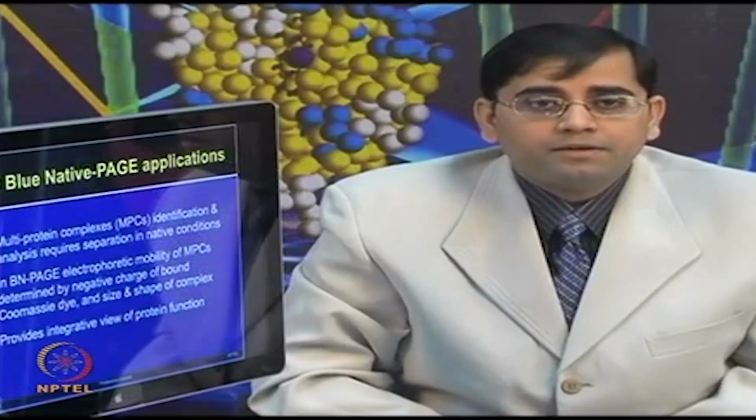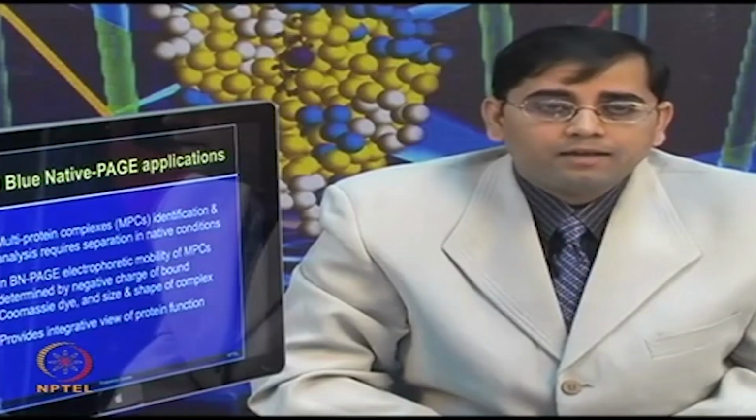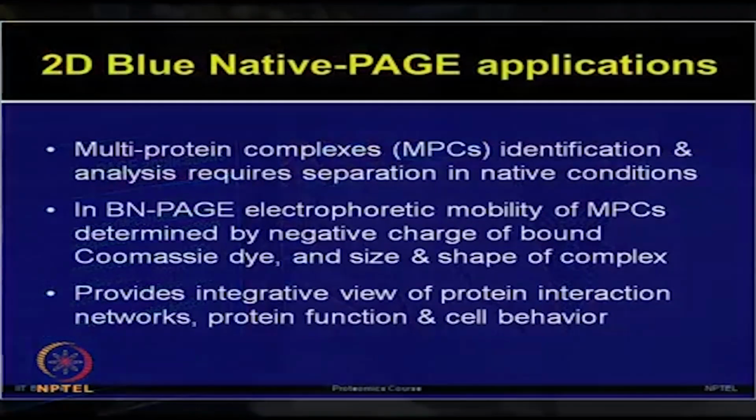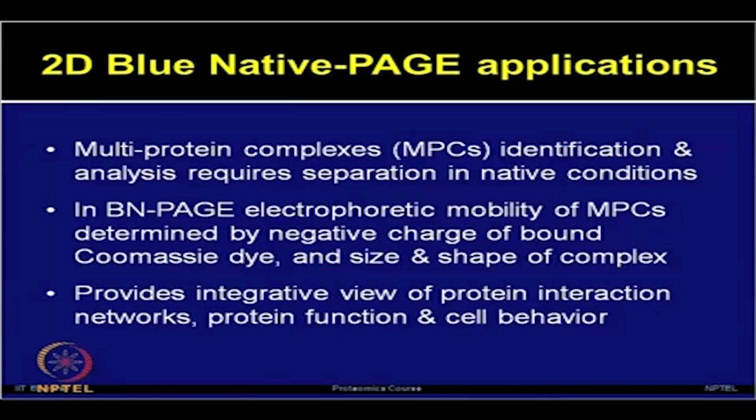People apply the 2D blue native page for various applications, such as studying the multi-protein complexes or MPCs. Identification of multi-protein complexes is not possible by using SDS page or a denaturing environment. So, MPCs can be identified by using the blue native page.